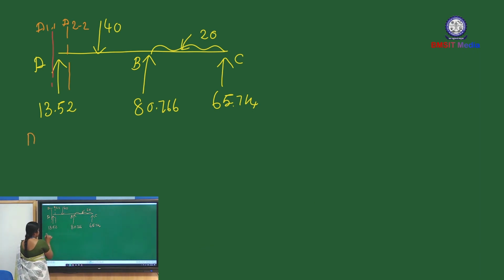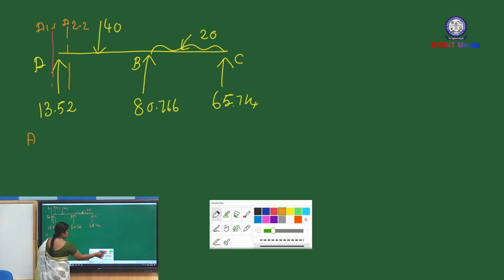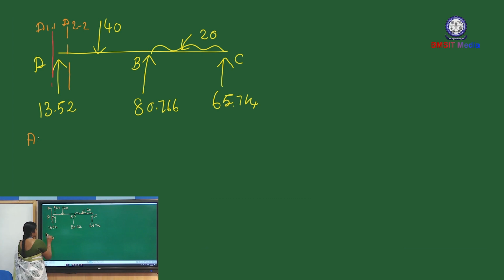So find A11. A11 means this is the support. These are all the sections. On the back side of the section there is no force, so 0.